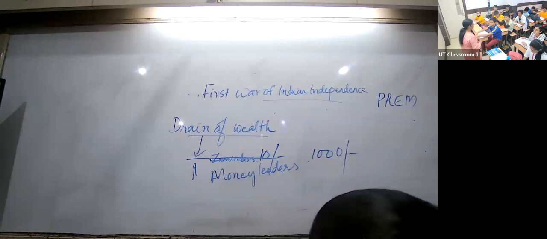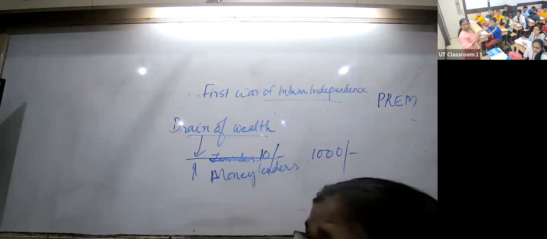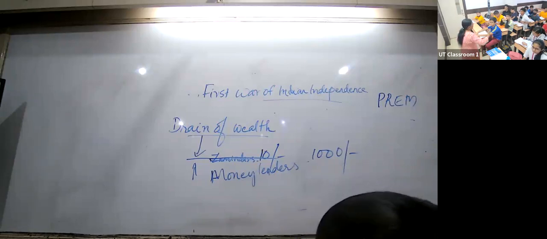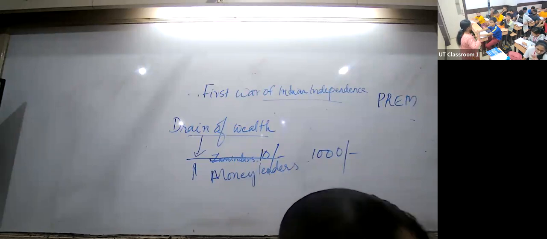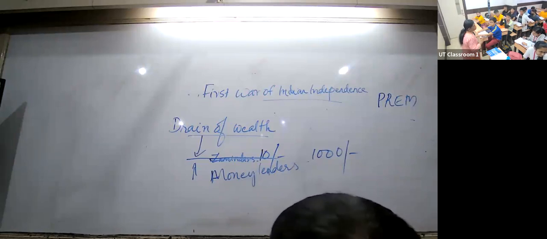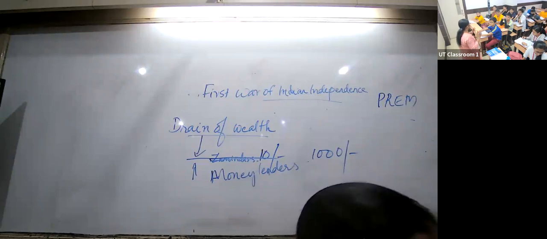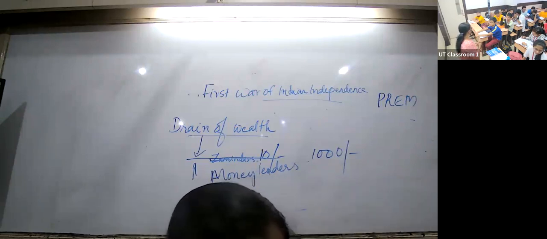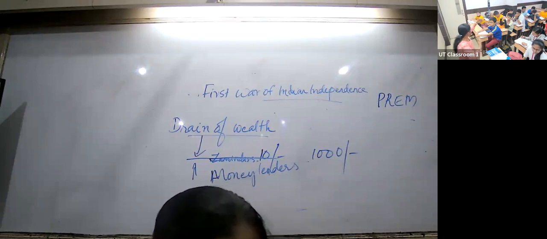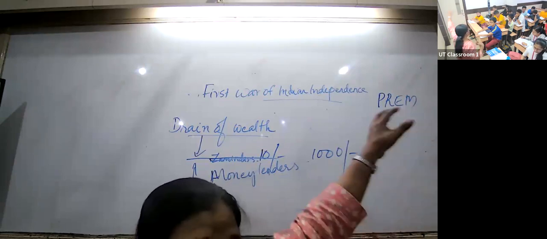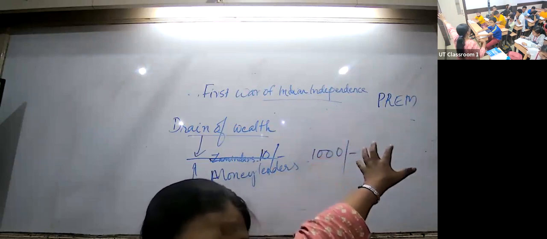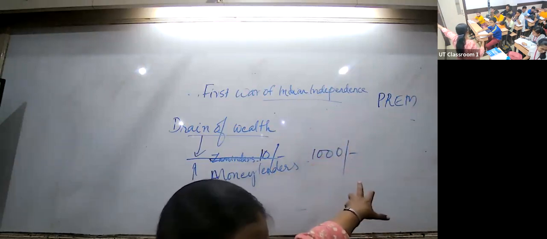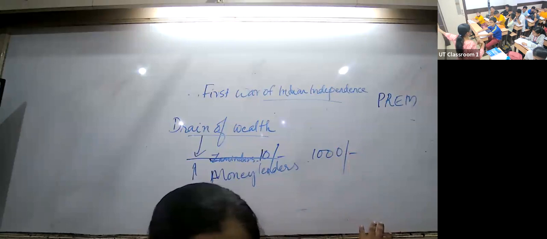Some started telling that okay, this cannot be opened with the mouth because it is greased. So that was the immediate cause. Clear all the military concepts. So we have discussed political, then socio-religious, economic, and military.